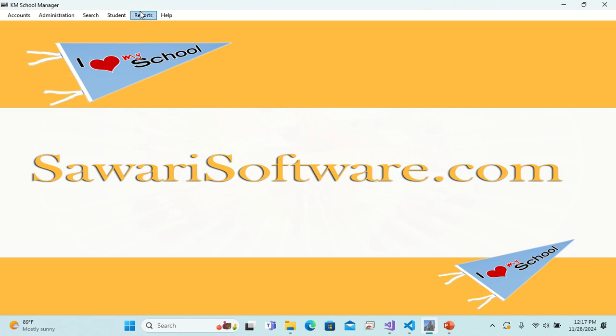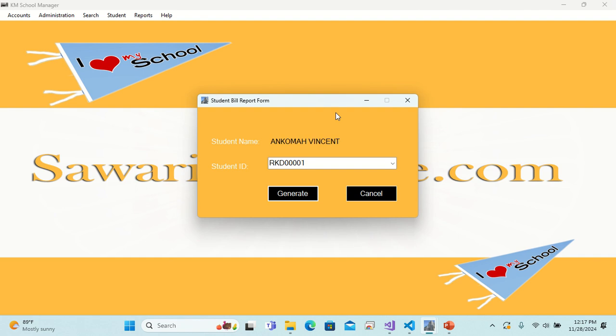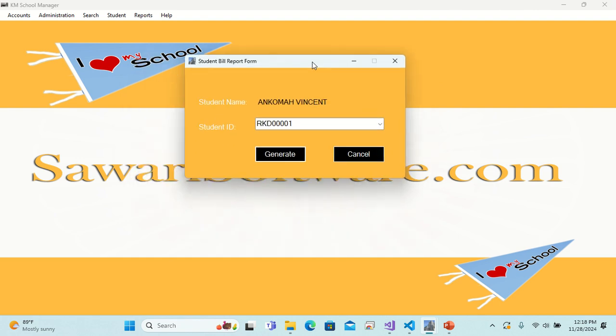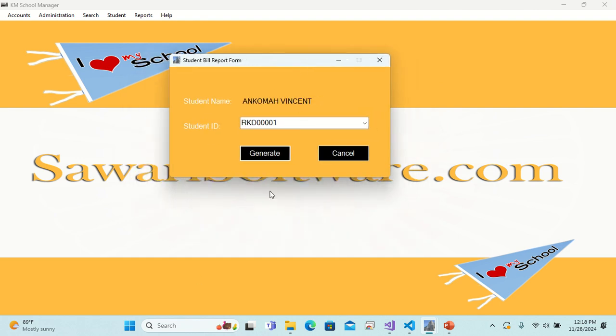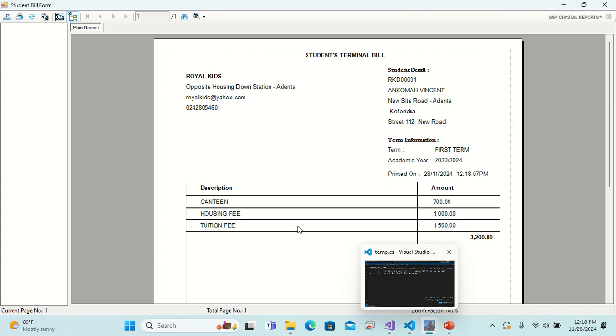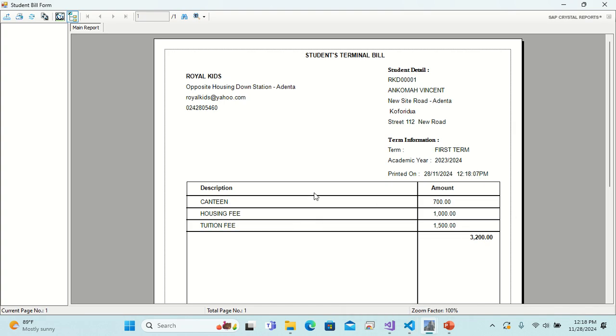But you also see some other thing here about accounting. I think the last thing here is a student bill. Okay, so basically this is the bill you generate for students to be given to parents. So let's say the beginning of the term, when we set up the fees, usually it's just in the system, so you need something for the students to give to parents, right?